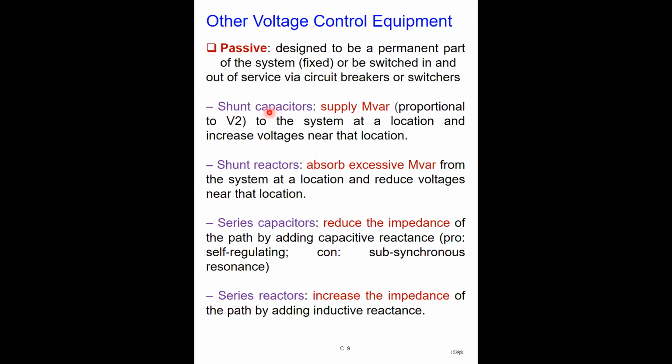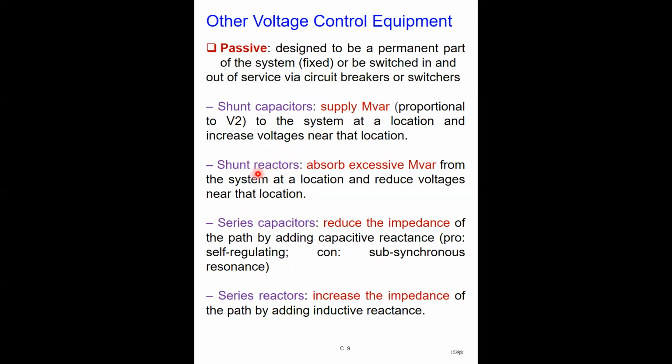So you have the shunt capacitors, which will supply reactive power, and the amount of reactive power supplied will depend upon, sorry, this is voltage square, of the system where it is connected. And with a shunt compensator, you experience a voltage increase at the location where it is connected.